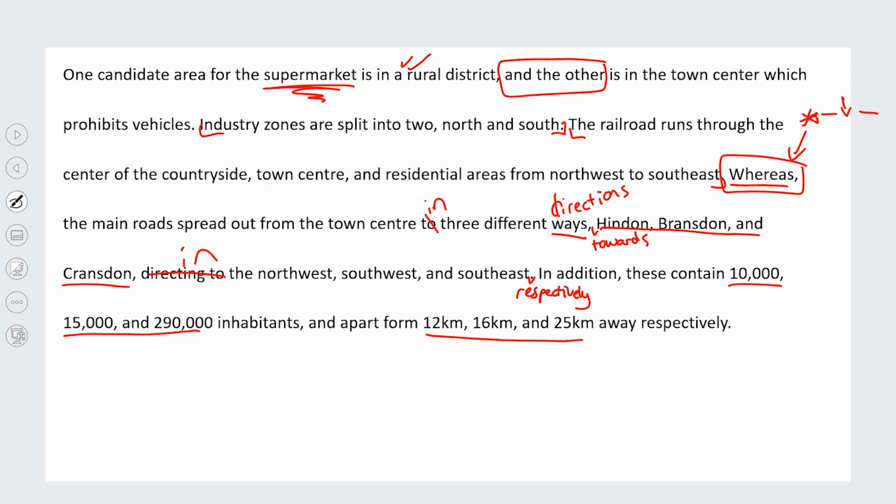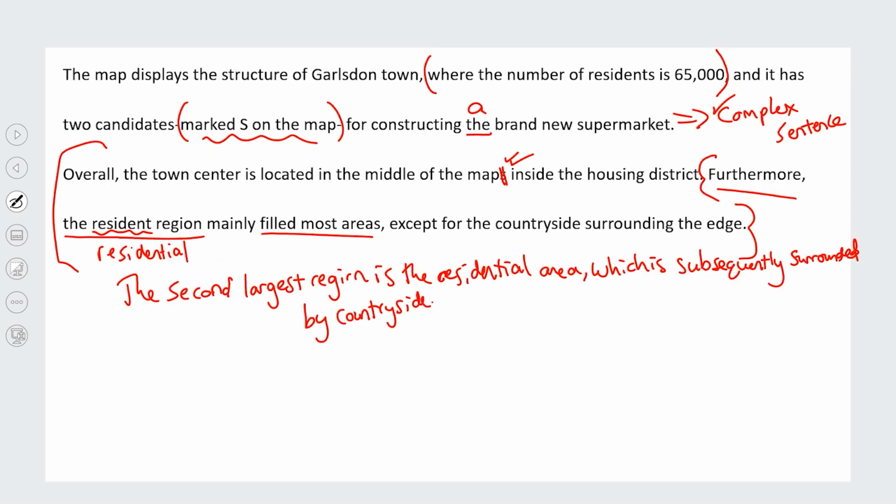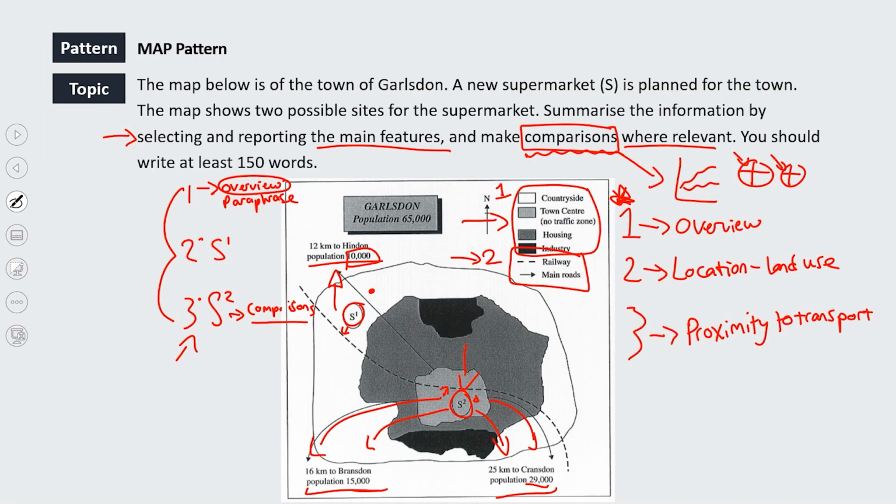So what they've done is they sort of answered the task in a sort of minimally correct way. They've picked out the main features. They have tried to do two areas of comparison. Yes, they've given me a sort of an overview, but what this candidate has failed to do is to really analyze the information in the way that Task 1 requires you to do to get those higher levels.